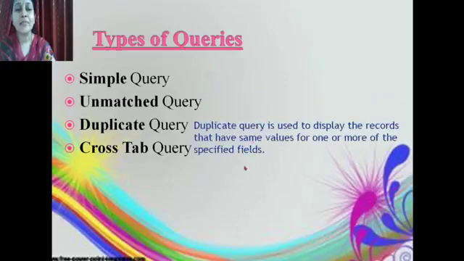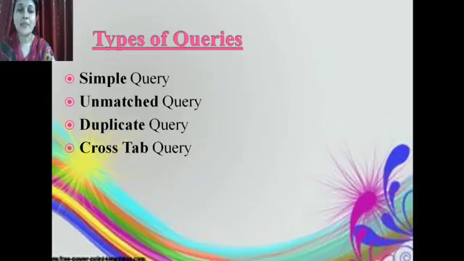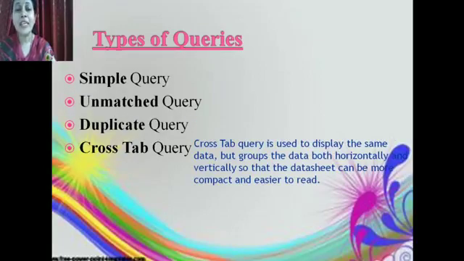Duplicate query. A duplicate query is used to display the records that have the same values for one or more of the specified fields. Cross-tab query.